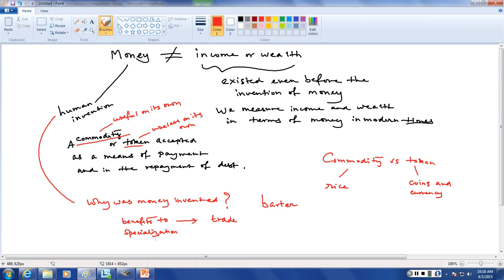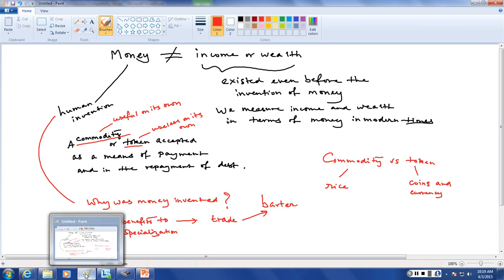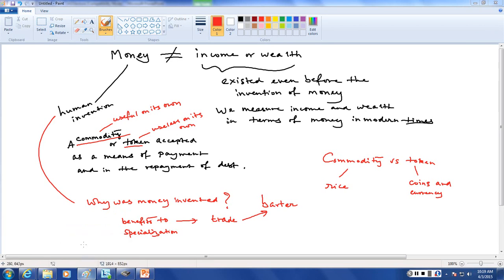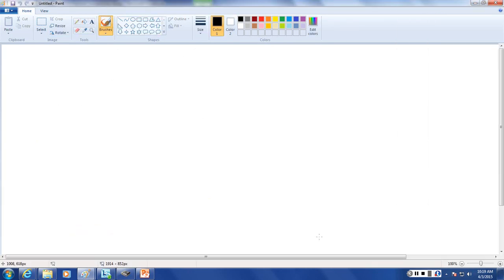So the point I was saying is that trade permits specialization, correct? And in those days, we had to trade by the means of bartering with each other before money was invented. Now, what was the problem with this type of bartering? What was the problem with bartering?